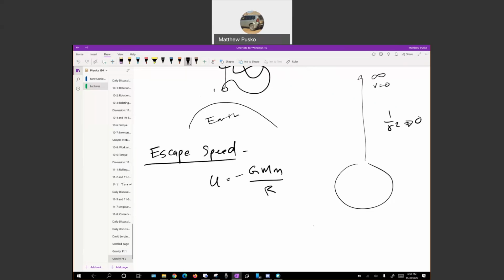So what we can say is the kinetic energy plus the potential energy would be 1/2 mv squared, right? It's moving, it has mass, therefore it has kinetic energy. And for our potential, we need to put in the minus G M little m over r. And it's going to come to a stop, and it's going to have no more potential. So we can solve for the velocity.